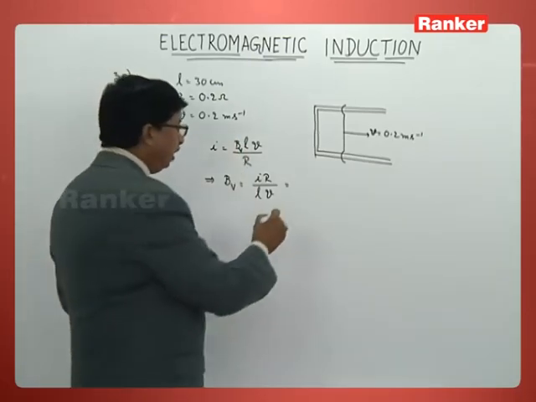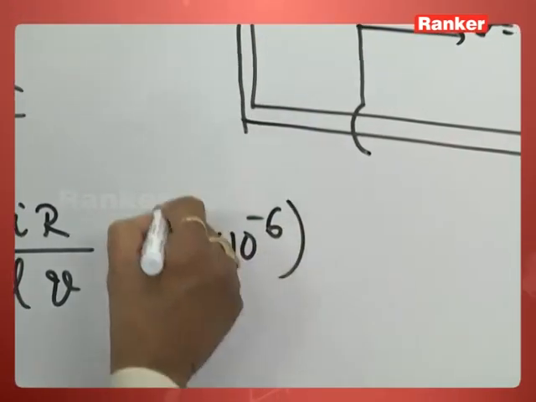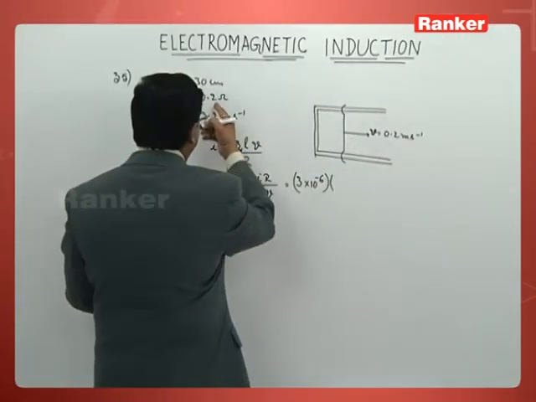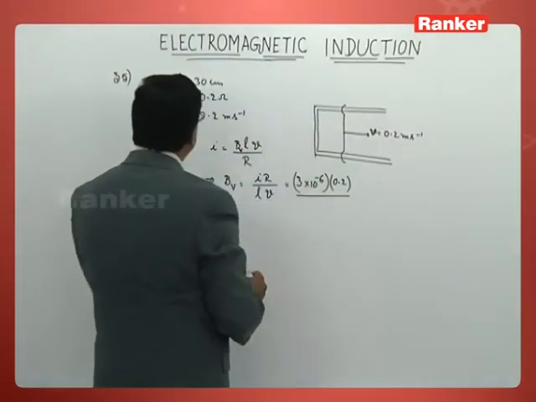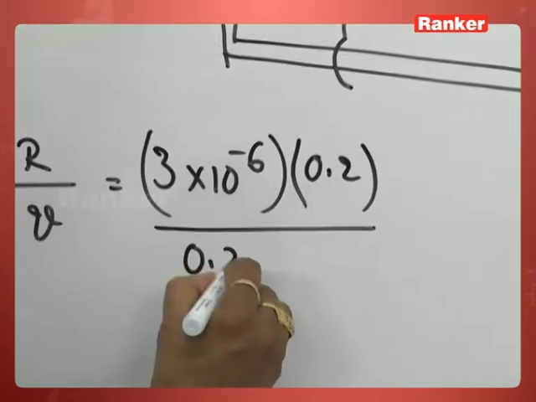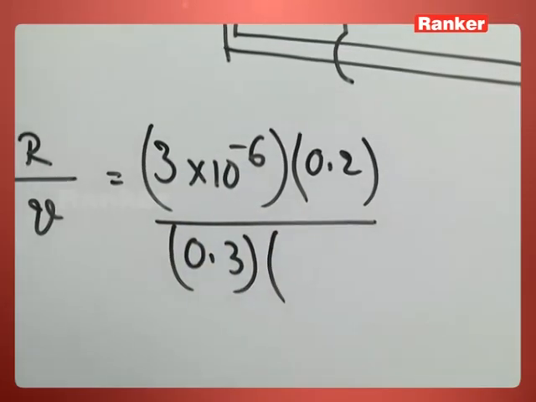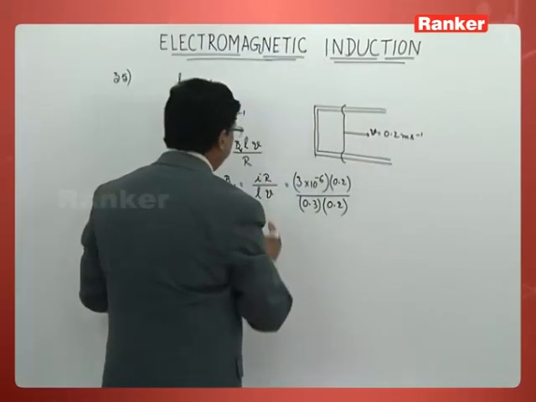Current is mentioned as 3 microampere and resistance is given as 0.2. Length of that rod is given as 30 centimeter, you write 0.3 meter. With what velocity was it moving? 0.2 meter per second.